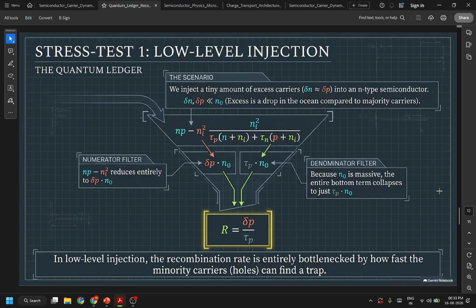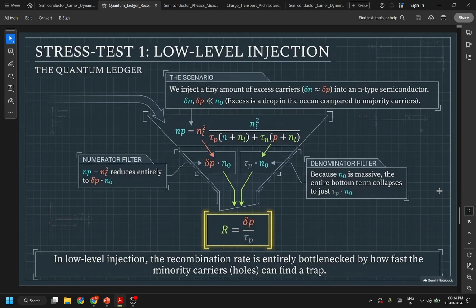And then we can have electron injection. So we have low level injection. If we inject a tiny amount of excess carriers, delta n and delta p, into an n-type semiconductor where they are much less than n0, where n0 is the free electron carrier concentration at equilibrium, the excess is a drop in the ocean compared to majority carriers.